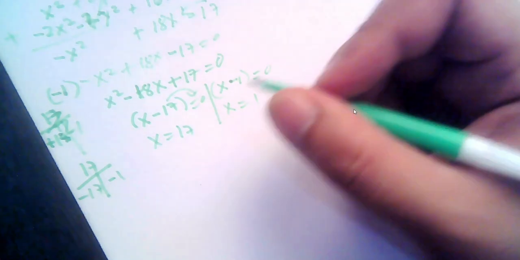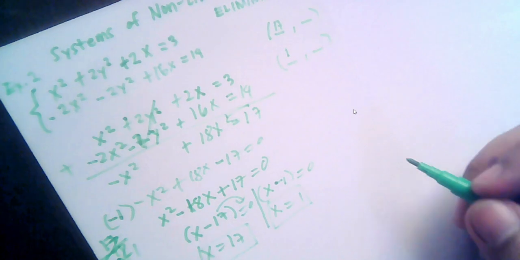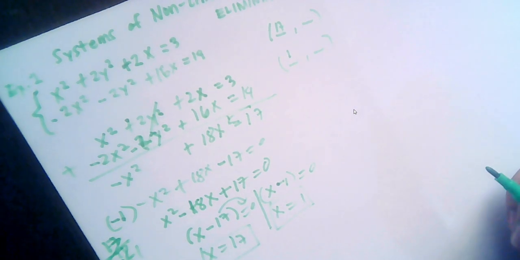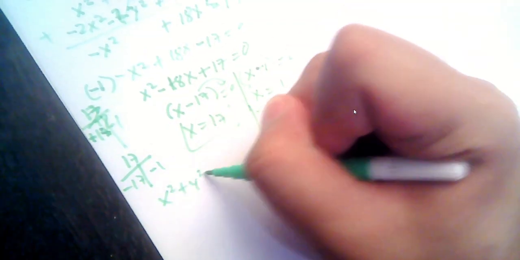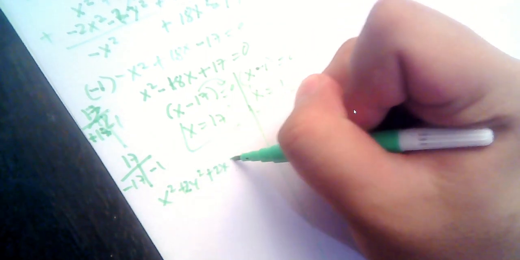And we go directly to finding the value of y by using the first equation. Let me use this line. That becomes x squared plus 2y squared plus 2x is equal to 3.